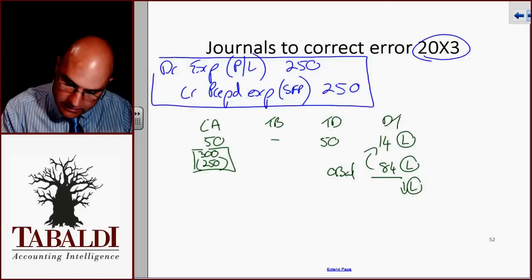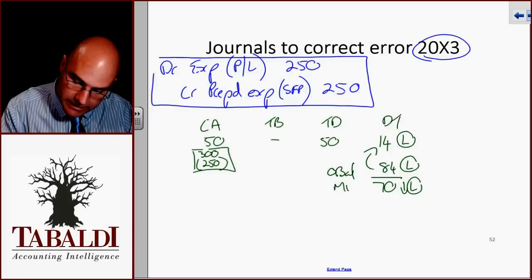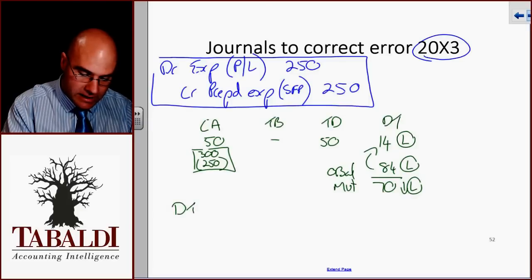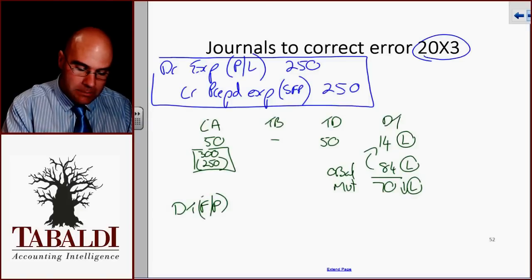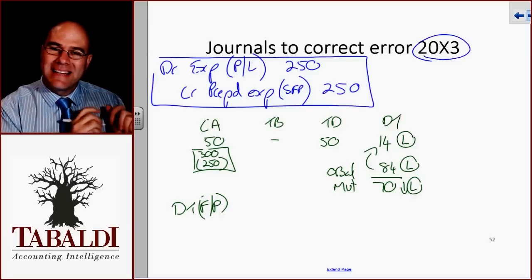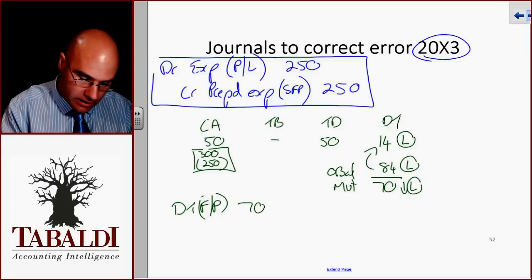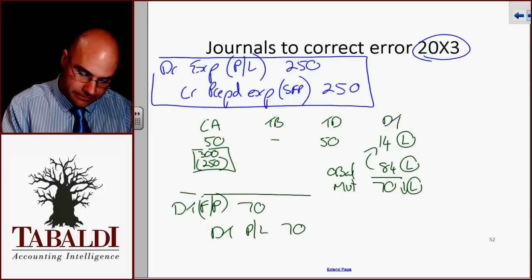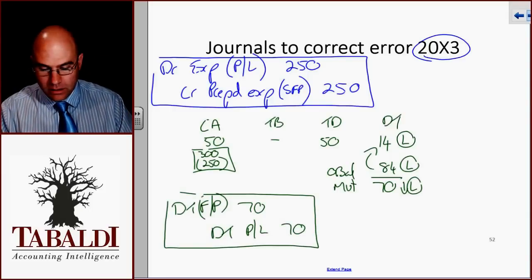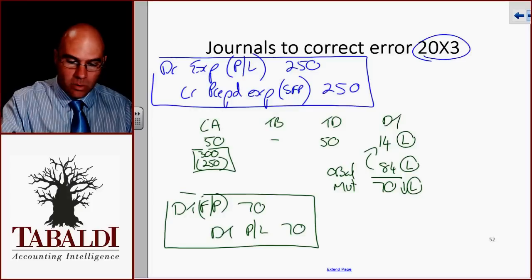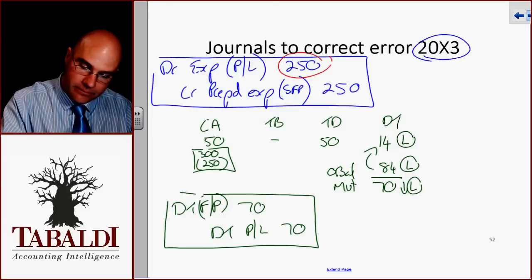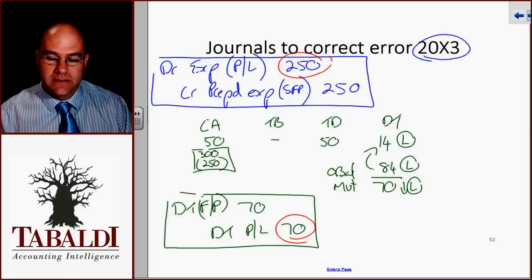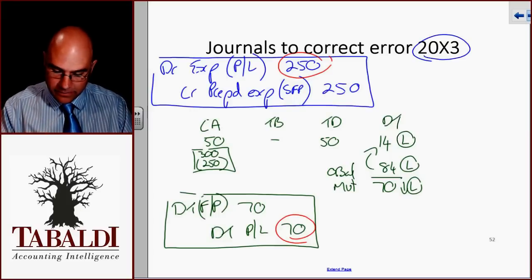That decrease is a movement of 70, and we're going to pass our deferred tax journal, debit deferred tax financial position, make the liability smaller by debiting it, right? 70, credit deferred tax, profit or loss, 70. Okay, so profit and loss movement was, we made the expense bigger, and we decreased the tax expense. So the net effect is the 250.